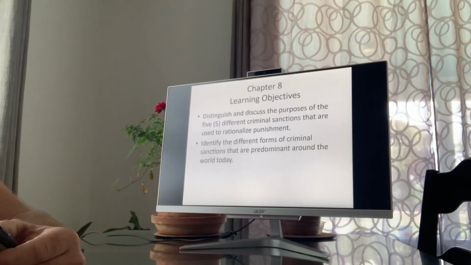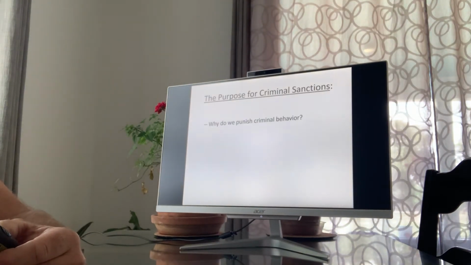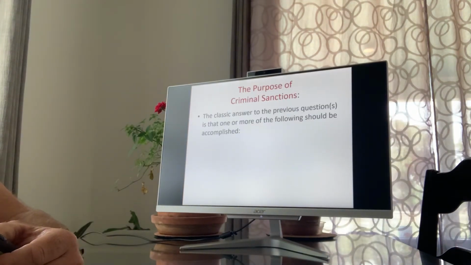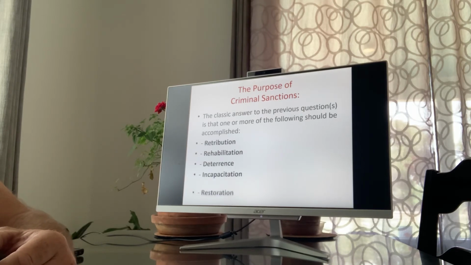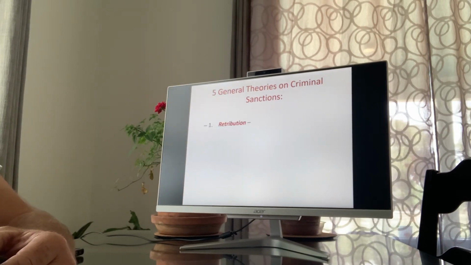Some of the learning objectives, let's not worry so much about that. Let's jump right to what is highlighted in red, which is the purpose of criminal sanctions. You have retribution, rehabilitation, deterrence, incapacitation, and restoration. You need to know those 5. And then these 5 general theories on criminal sanctions are more detailed here.